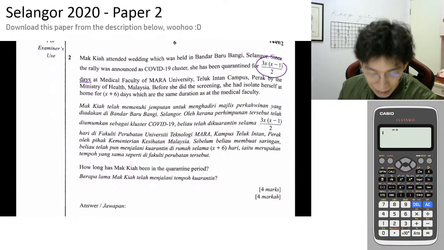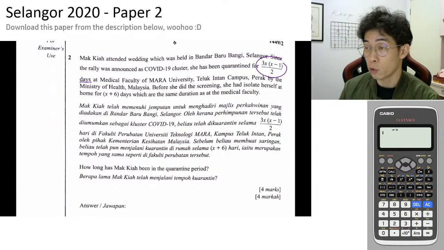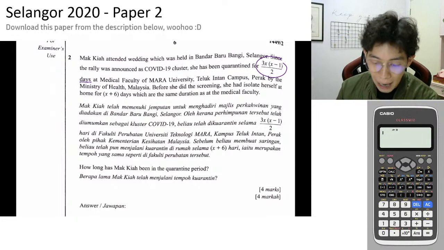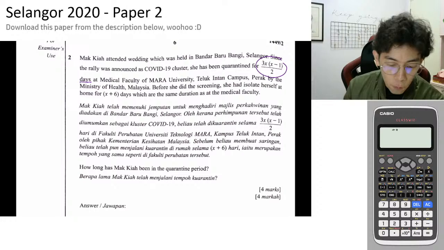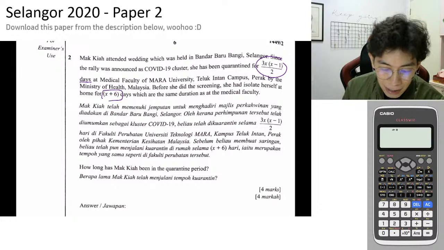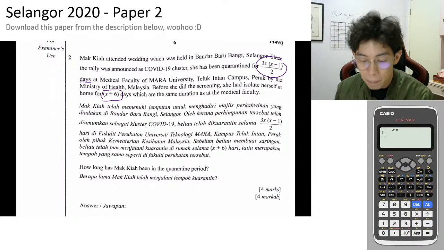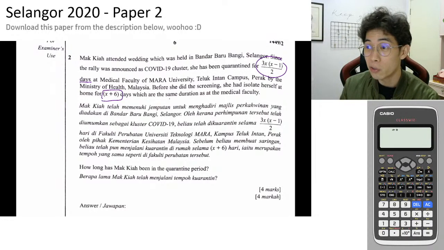Before she did the screening, meaning you go to the hospital and do the relevant checkups, she had isolated herself at home for x+6 days, which are the same duration. See the word same or not? Can you see the question?